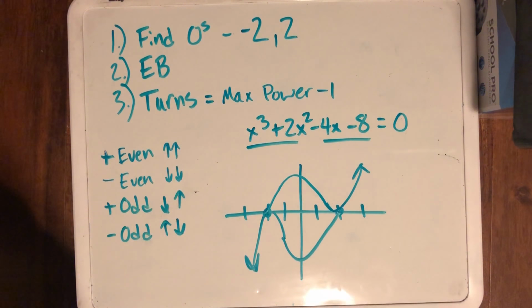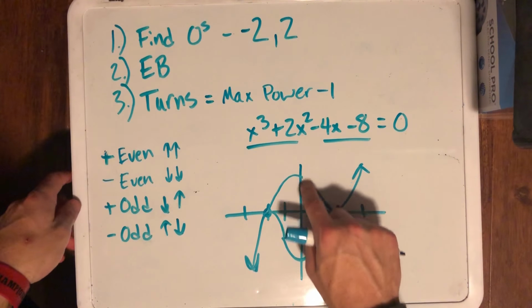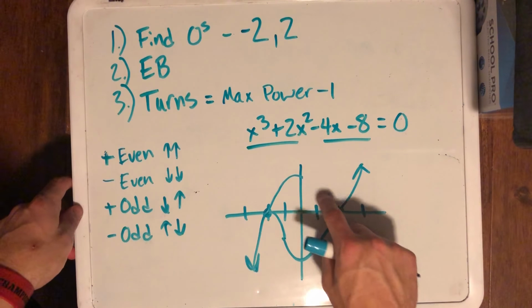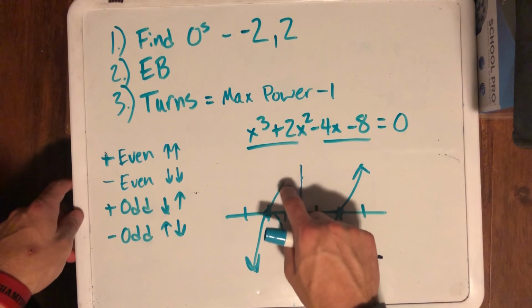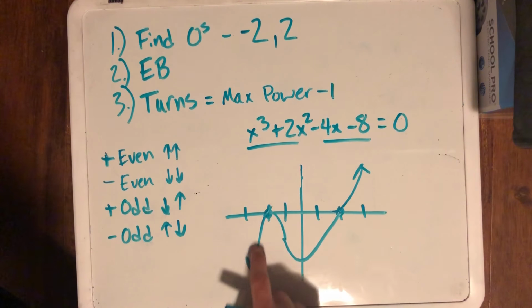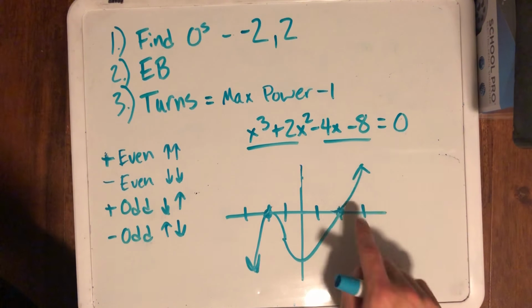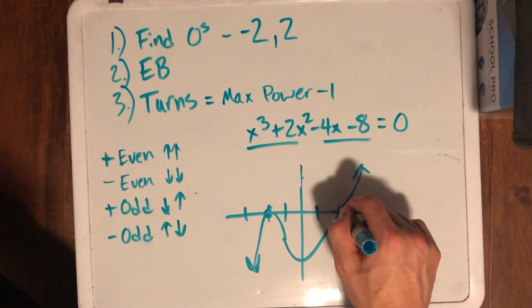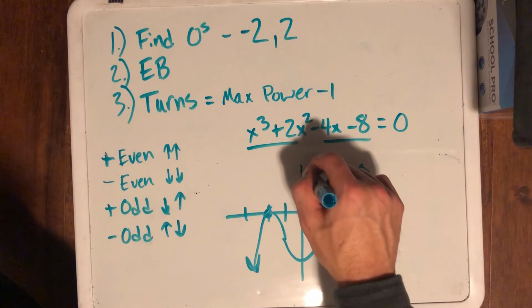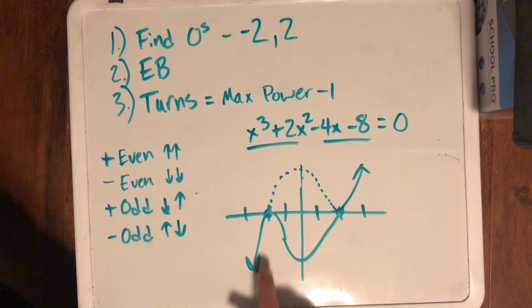I probably should have dotted that one, so let me do this so that we can tell the difference between the 2 instead of it looking like some crazy graph. So I said this is one acceptable way. The other acceptable way, using our same end behavior, would be to make it just barely touch right there and then curve up and then go here.